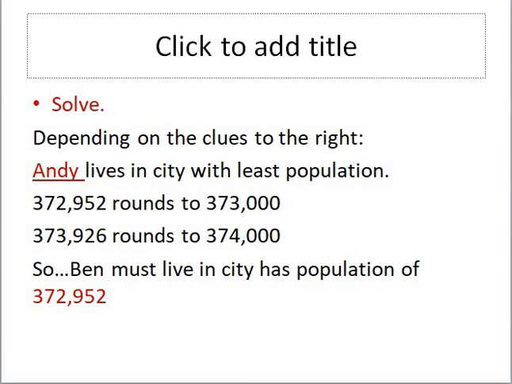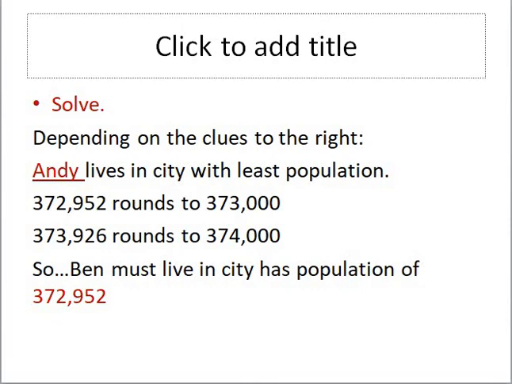Now we round 372, we round to 373. Why do I round to the nearest 10? Because they tell us to round to the nearest thousand. And round the other number, 373,926, to 374. So I round the other one.